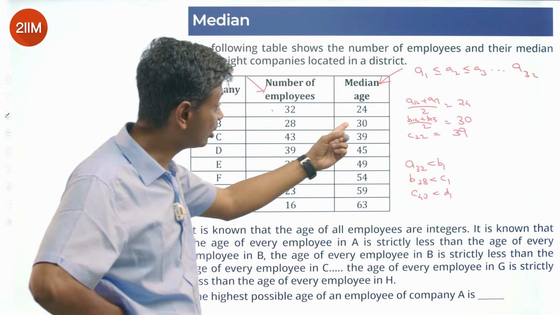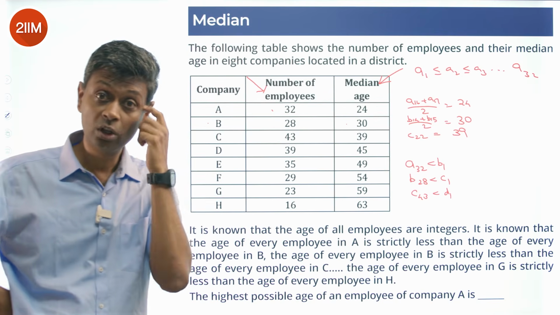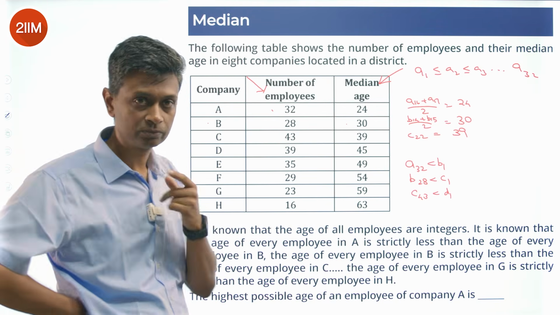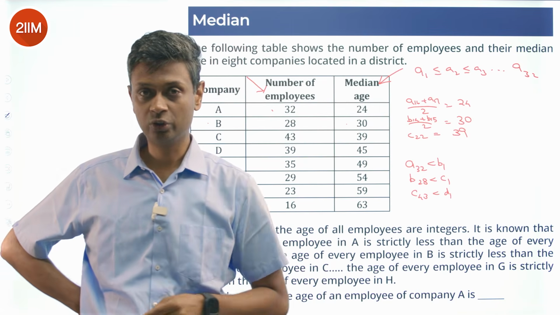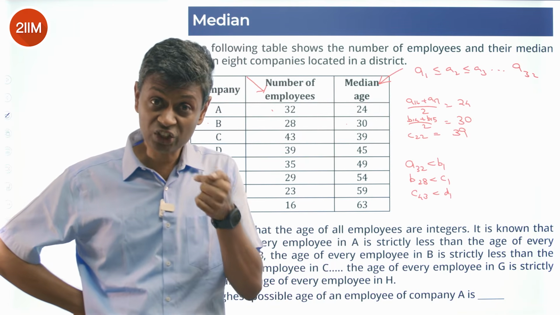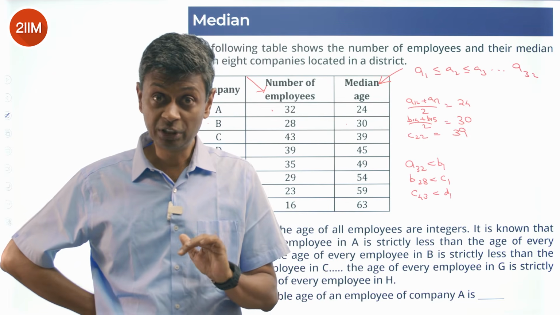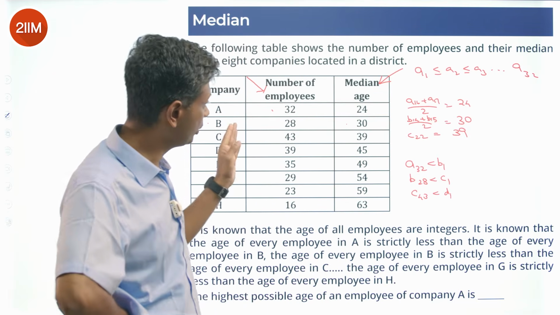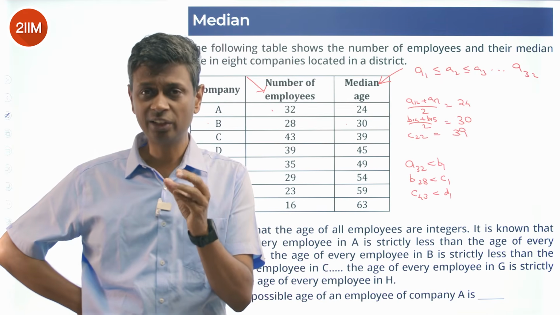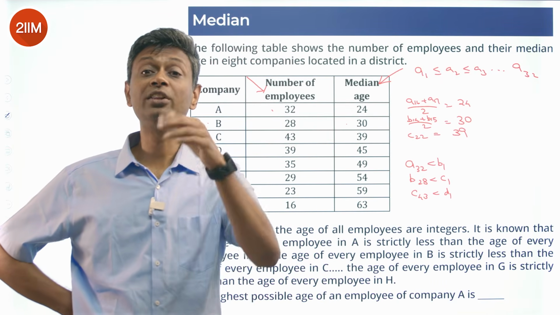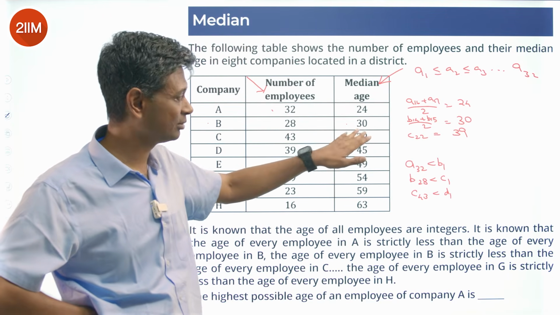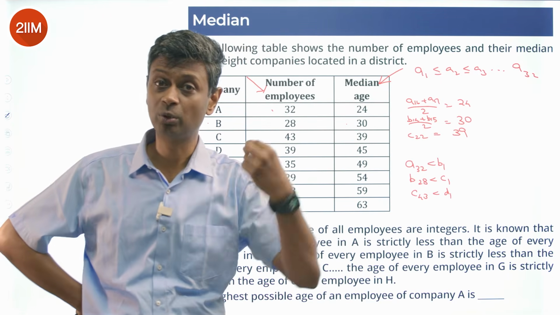B median age is 30. I could have a scenario where all employees in B are 30, 30, 30, 30, 30, all of them are 30. That will be the best case scenario for the youngest employee in B being the oldest possible age. Or 30 till the 15th employee, and 16 to 28 being 31, 32, 33 till maybe including 35, 36 till 37 is possible.